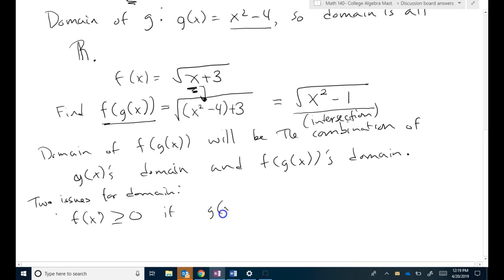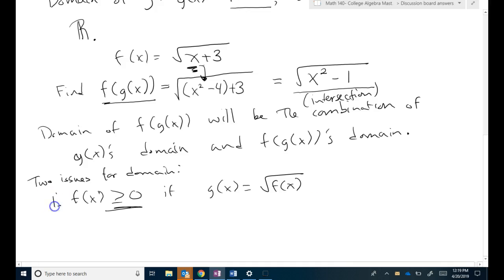So if we have anything going into a square root, then it has to be greater than or equal to 0. That's the first one. Call that number 1. And then number 2 is no division by 0. So those are our two big ones here.